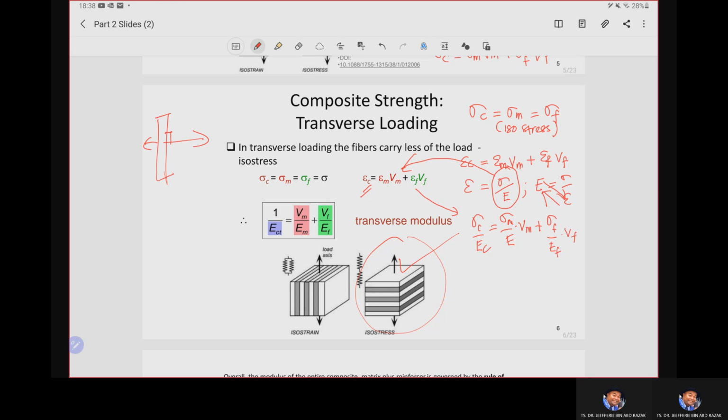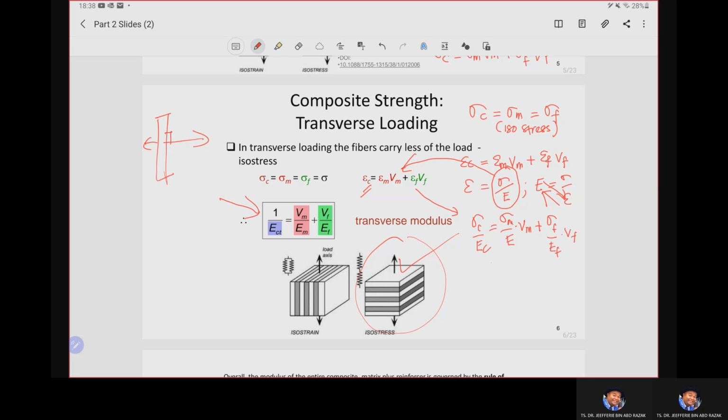All right. So by having this equation, now we divide it out and reduce the equation into this. The equation that we derive for the isostress condition is basically analogous to this equation.